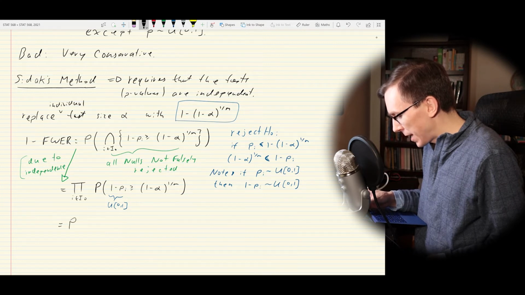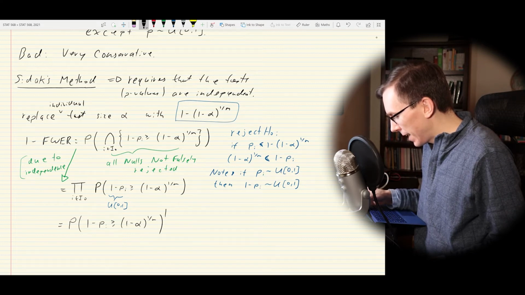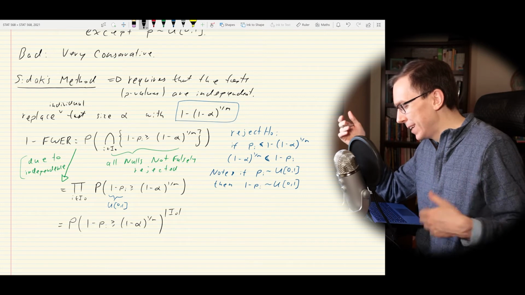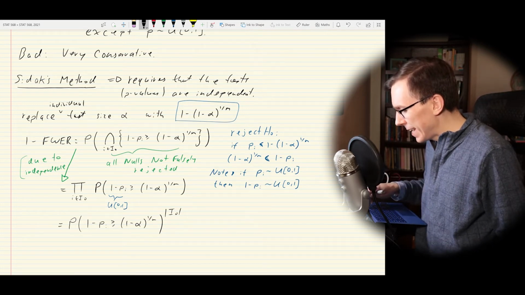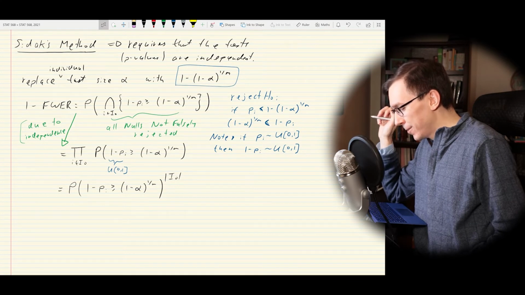So we end up with just the probability of 1 minus pi being greater than or equal to 1 minus alpha to the 1 over m, and that is taken to the I naught power, or the cardinality of I naught, the number of elements in the index set I naught. All right, cool.